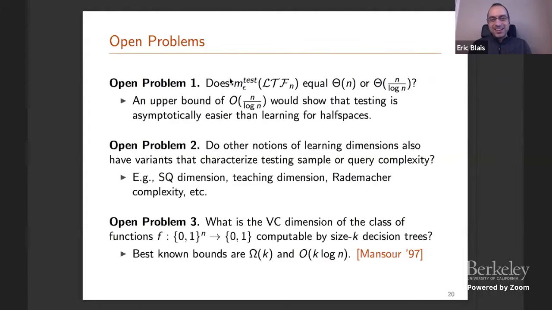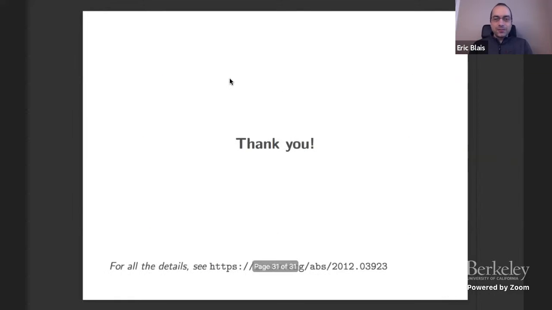As far as I know, the best known bounds are omega k, but order k log n for size k decision trees. And as far as I know, there have been no improvements on this in the last 20 plus years. But I'd be very happy to learn that I'm actually wrong here, that I just don't know about some results. That's it. Thank you very much.